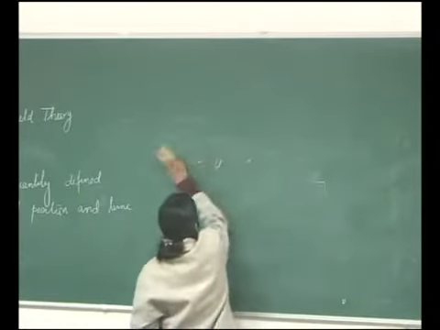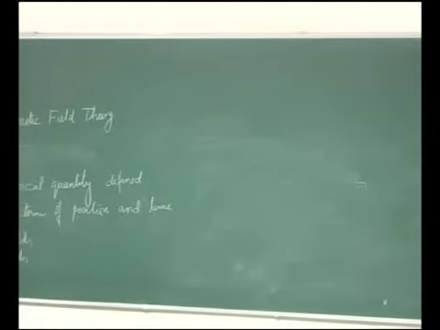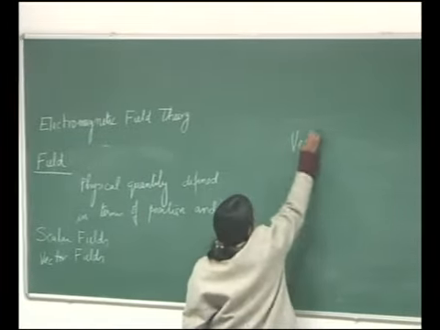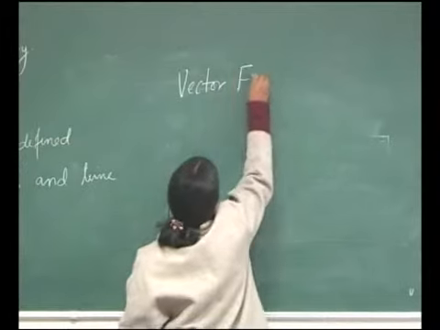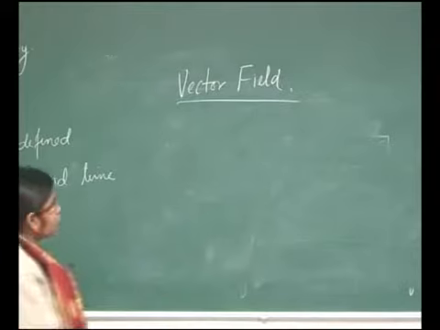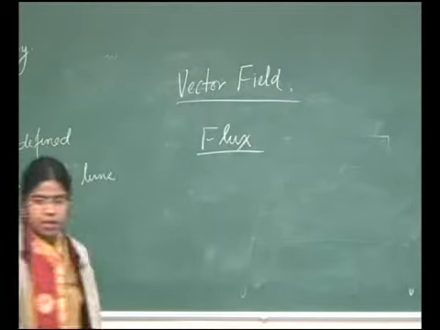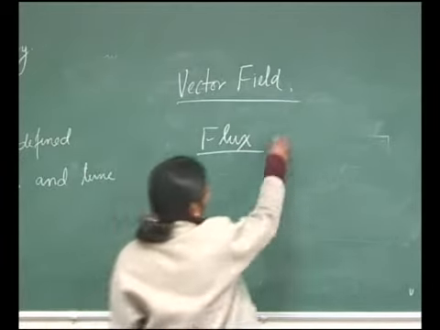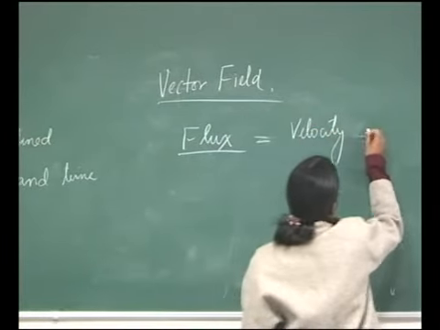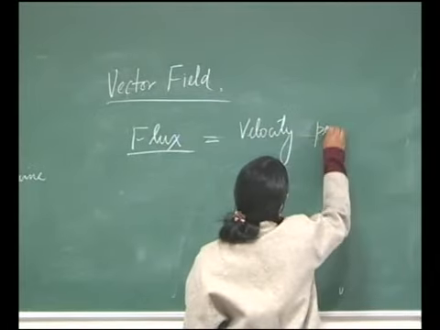Then we have vector fields. Generally in electromagnetic field theory, whenever we consider a vector field, we are generally dealing with flux. Flux is velocity per unit area.